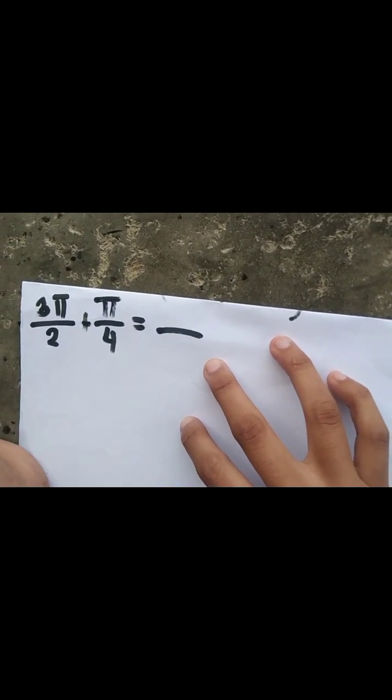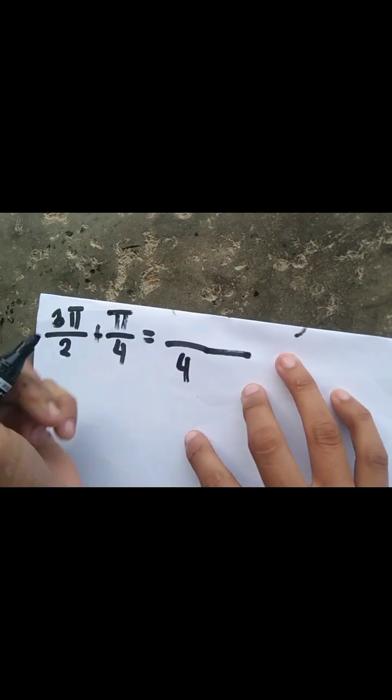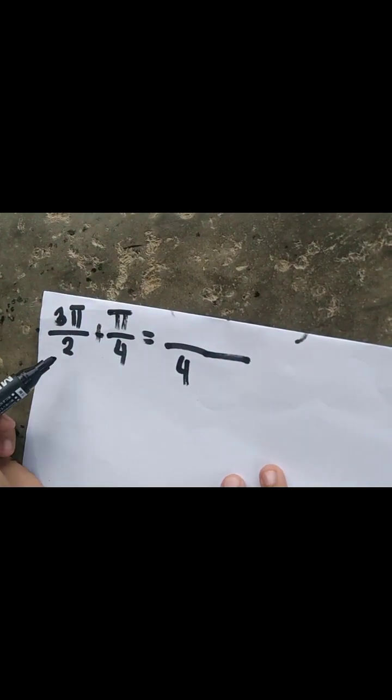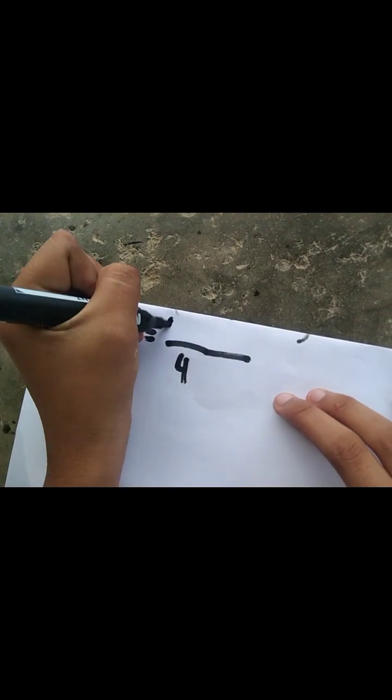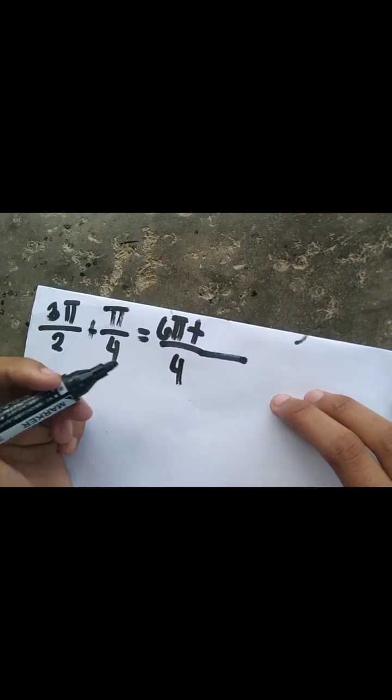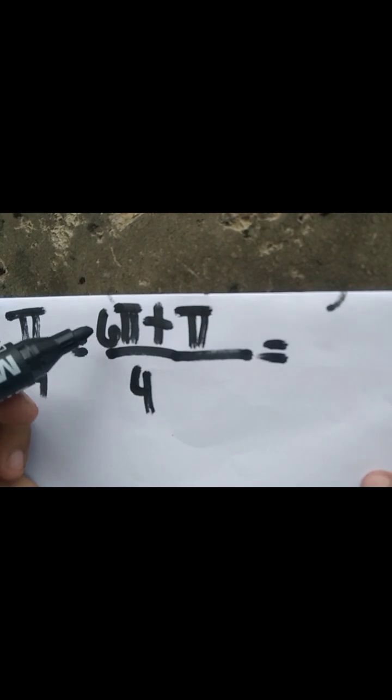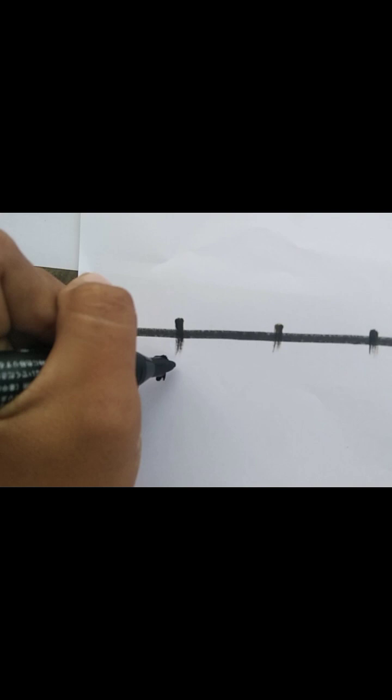So their LCD is 4. 4 divided by 2 equals 2 times 3 pi equals 6 pi, plus 4 divided by 4 equals 1 times pi equals pi. Then 6 pi plus pi equals 7 pi over 4. So our next point here is 7 pi over 4.